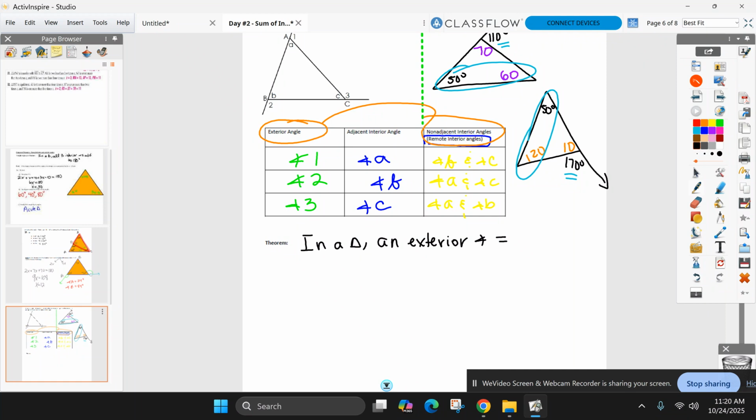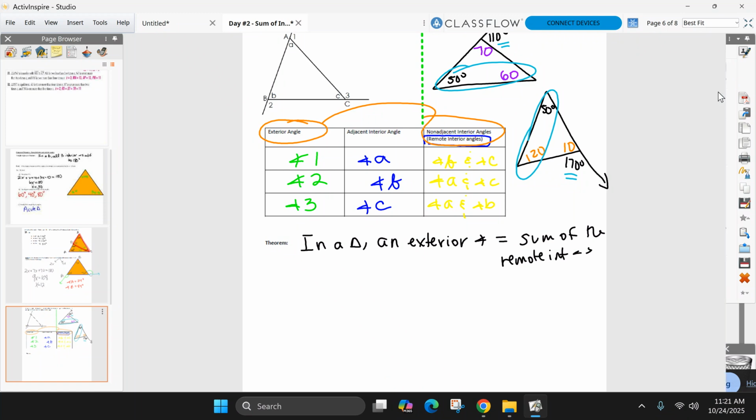Got to add them, right? You can't just take one remote. You got to add both up. The big word for the answer in an addition problem: sum. Equals the sum of the remote interior angles. There it is. There's our big theorem of the day. Exterior equals the sum of the remotes. Always, always, always. Good deal?